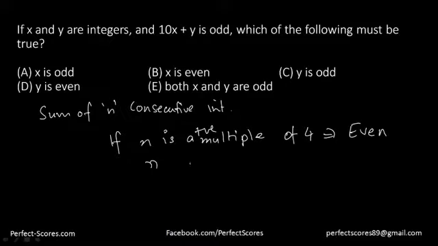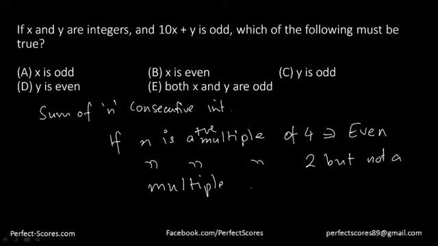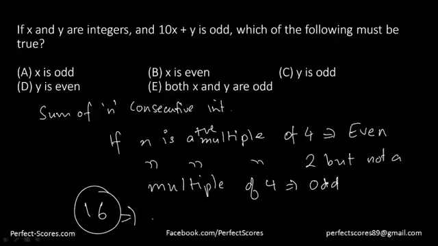If n is not a multiple of 4, but n is in fact a multiple of 2, then the sum is always going to be odd. Right? So the sum of any 16 consecutive integers is going to be even, but the sum of any 18 consecutive integers is always going to be odd.